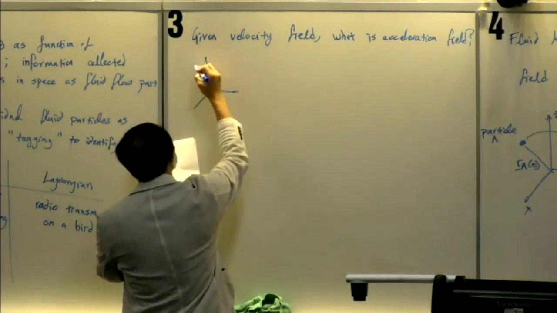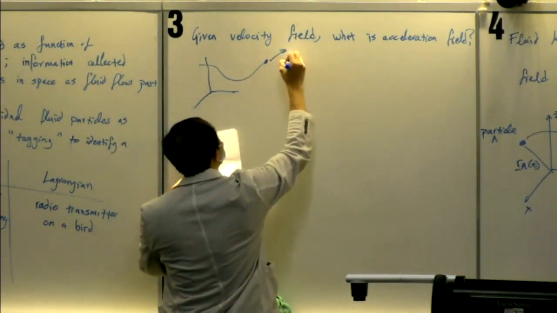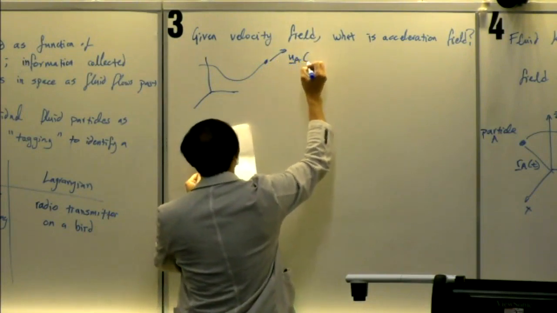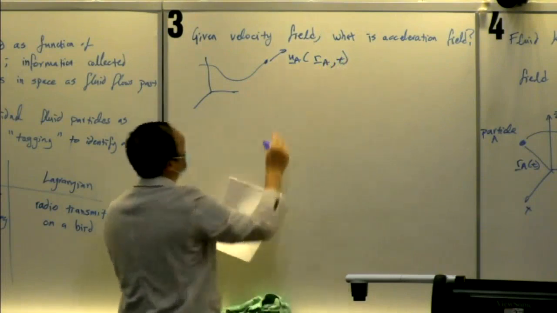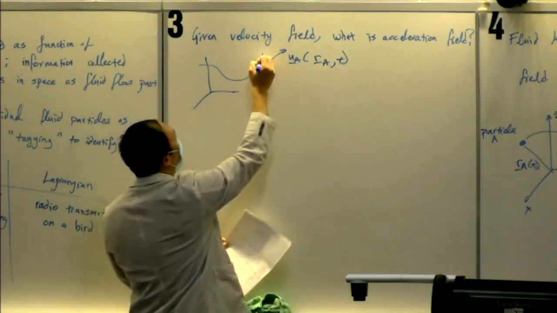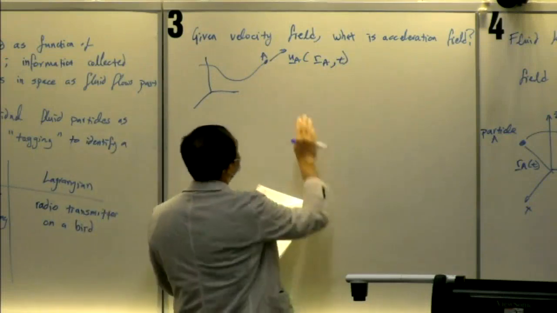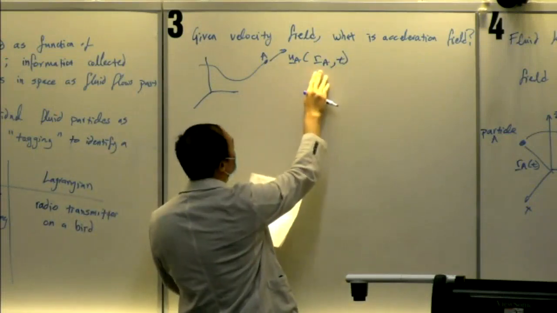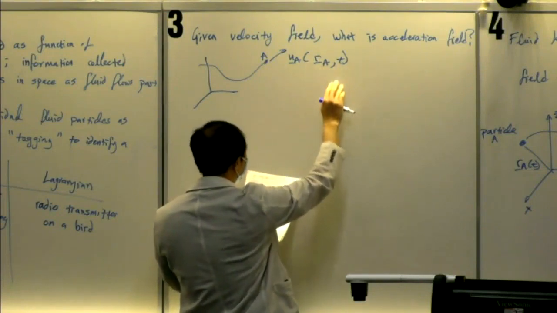So let's go back to our picture. That's our particle moving. It's going to have some velocity, it's tagged A, like some gangster just painted it in red. That velocity is a function of where it is, which is the vector R, and time.